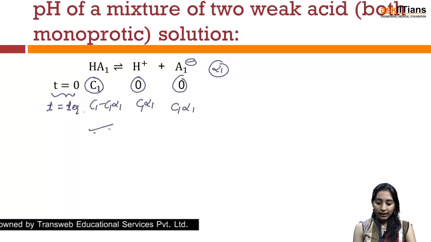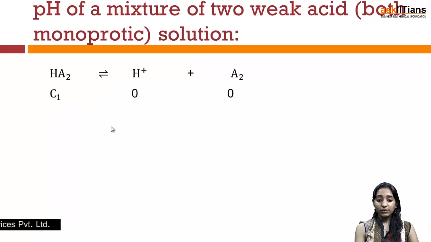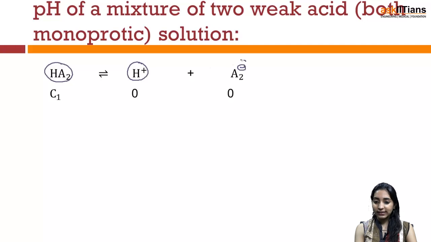That is fine. Now, let's move ahead to the second acid which is given to us. Let's say the second acid given to us is HA2, and it is going to form H positive and A2 minus. If C2 is the concentration of the acid which is given to us, then at time t equal to 0, the concentration of H positive is 0 and that of A2 minus is 0.